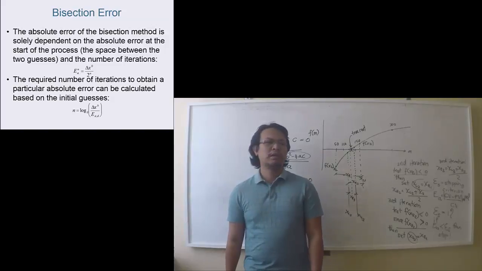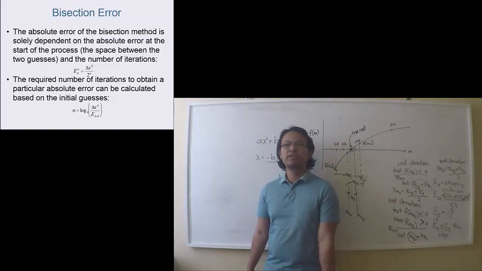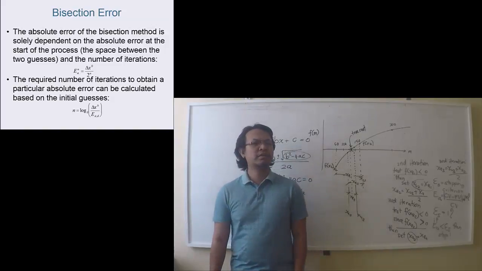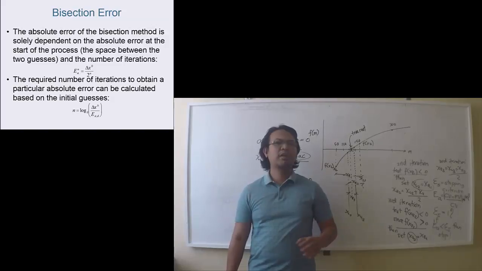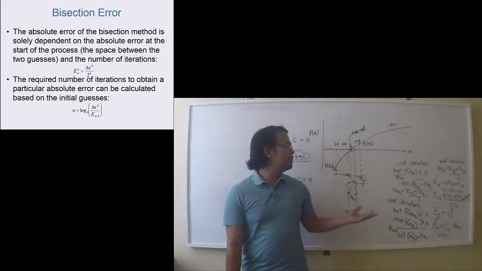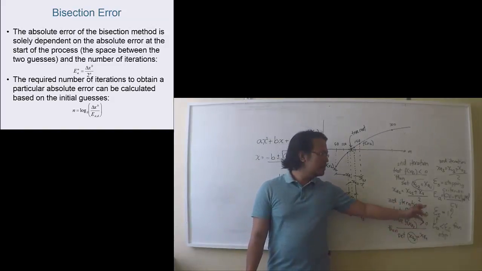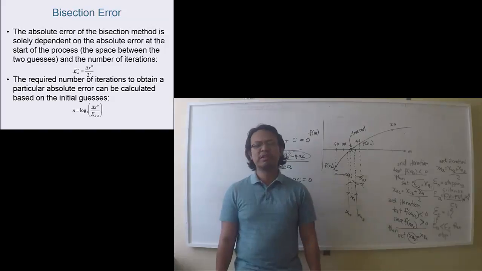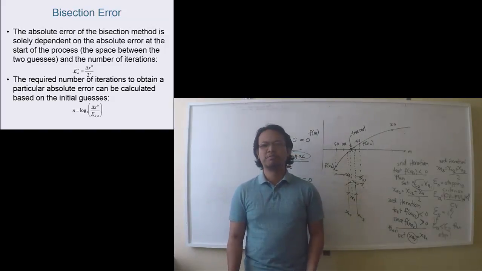Depending on the error that you want to achieve, you can input it there and have an idea of how many iterations you need. If you are very conservative and want 1% or less, 0.5 or 0.01%, then of course n will increase significantly.